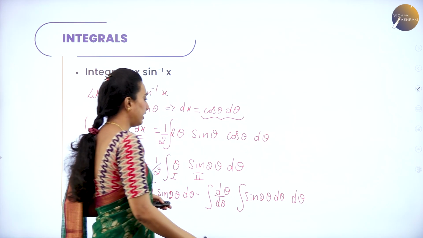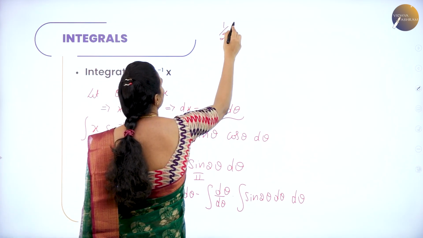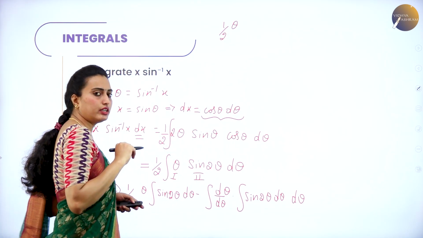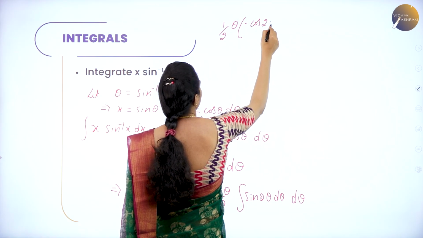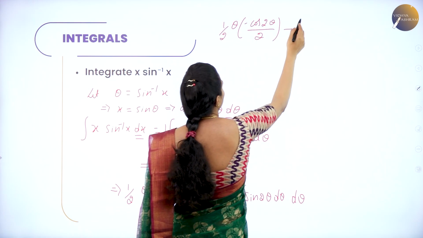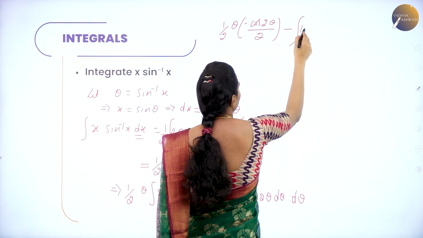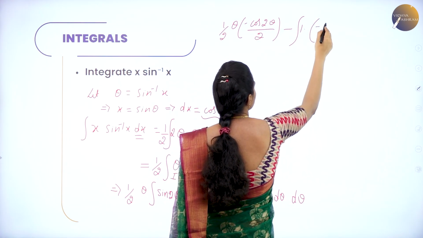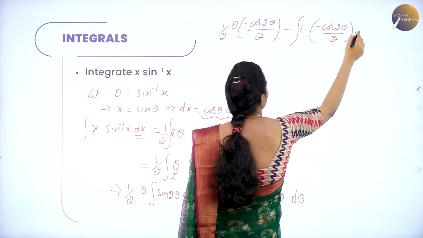I hope you are understanding this. Now here half into theta. Integral of sine 2 theta is what? Minus cos 2 theta divided by 2, the coefficient of theta. Again minus integral of d by d theta of theta is 1. So 1 into integral of sine 2 theta is minus cos 2 theta divided by 2 into d theta.